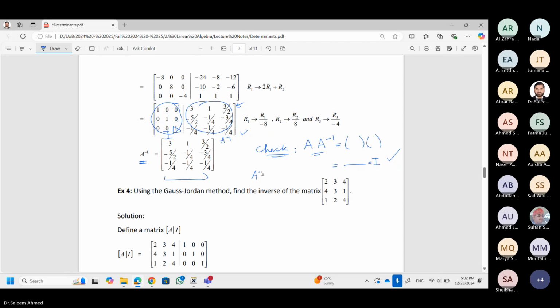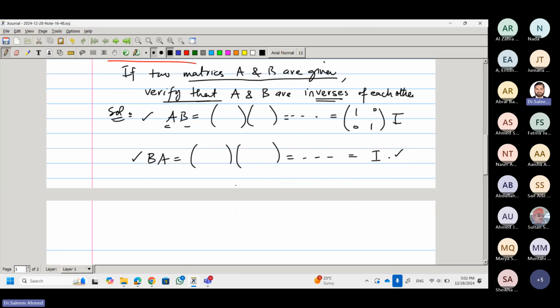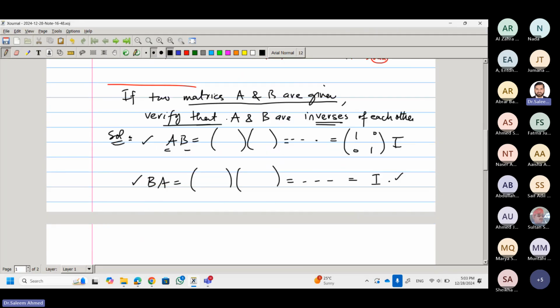It will automatically be identity because you found the inverse here. So if one of them gives you identity, the second automatically gives you identity. But here I did not find the inverse. Here two different matrices were given to me. If I have to verify whether they are inverses or not, I have to show them both: AB is identity and BA is identity.